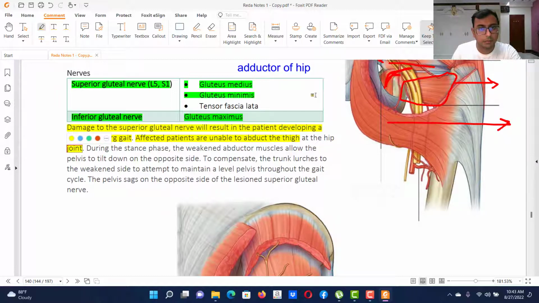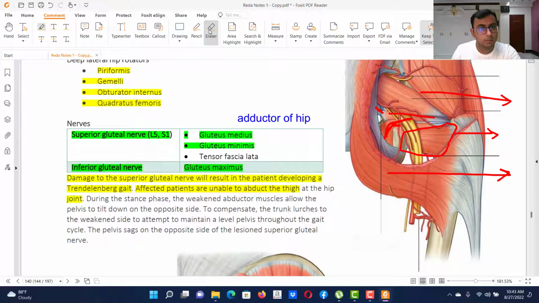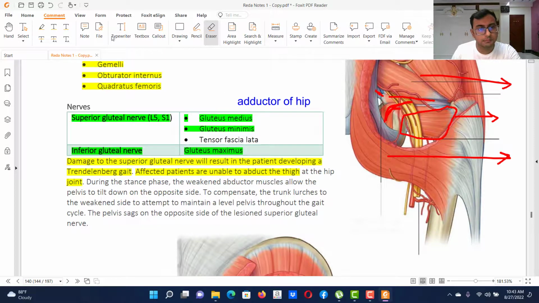So this is the abductor of the hip. During this stance phase, the weakened abductor muscles allow the pelvis to tilt down. Sorry, this is not the abductor, this is the adductor of the hip. The eraser is not working. It will be the adductor, not abductor.